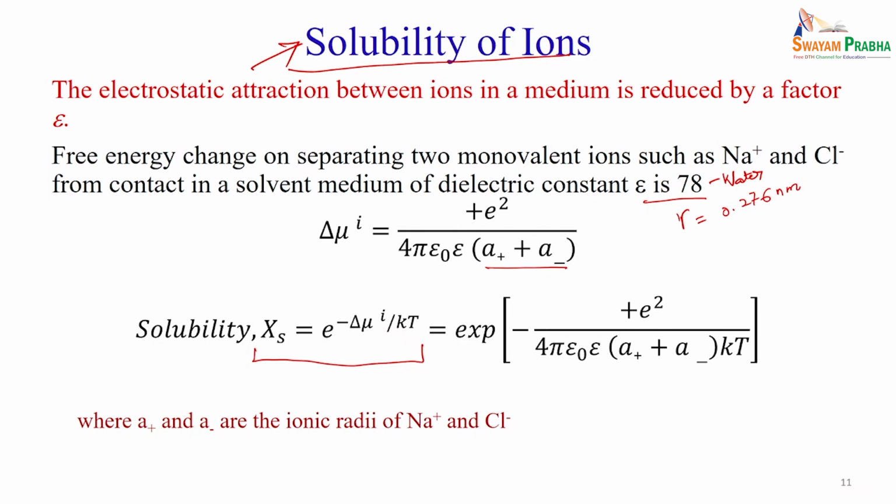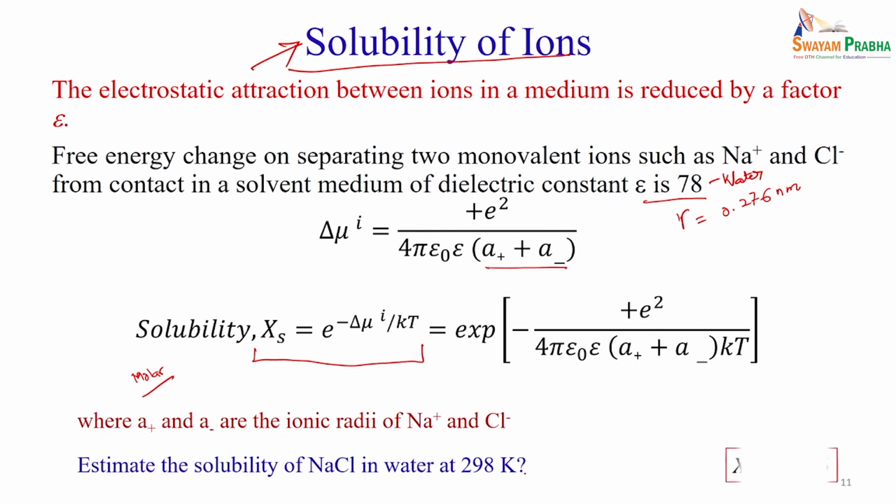If you put all the values here, we will be able to calculate the value of Xs, that is the molar solubility. Here K is the Boltzmann constant, and we are calculating at T equal to 298. Its value comes out to be 0.075.